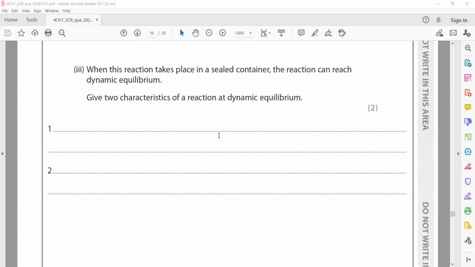When this reaction takes place in a sealed container, the reaction can reach a dynamic equilibrium. Give two characteristics of a reaction at dynamic equilibrium.